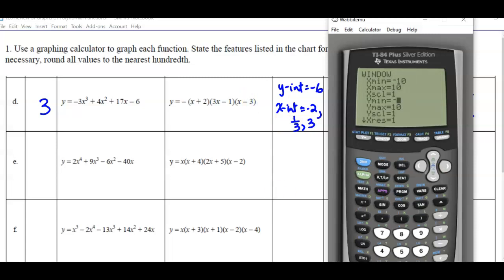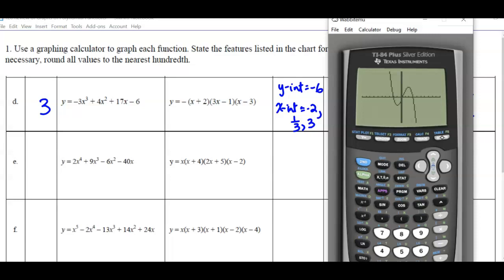I'm going to go to like -50, to +50. Okay. Perfect. I can see it. You didn't have to go to 50, but now you can see that zigzag.